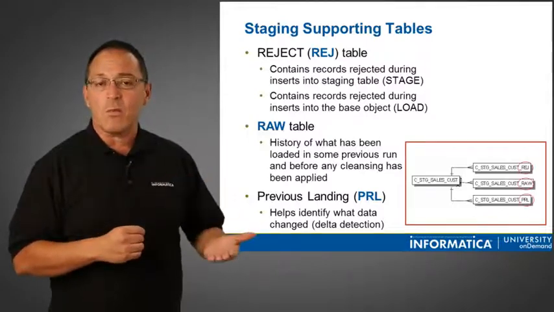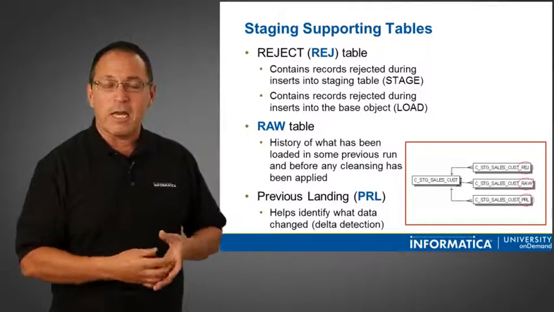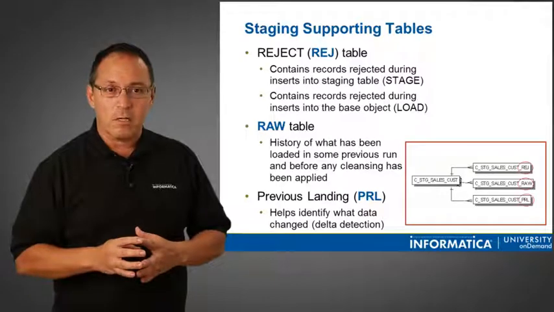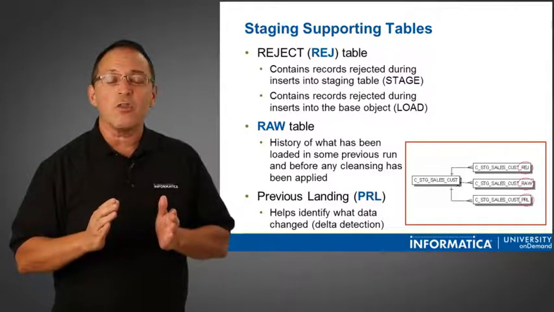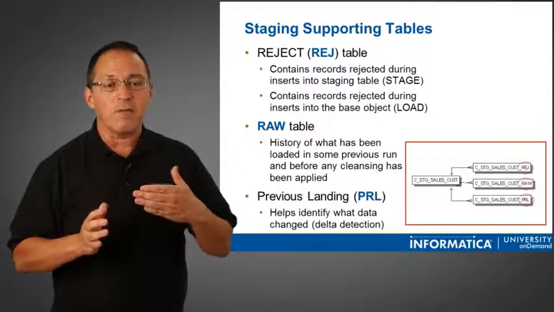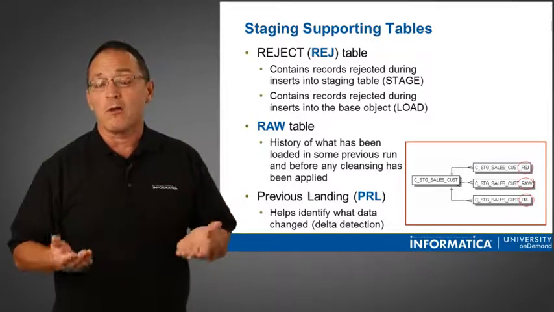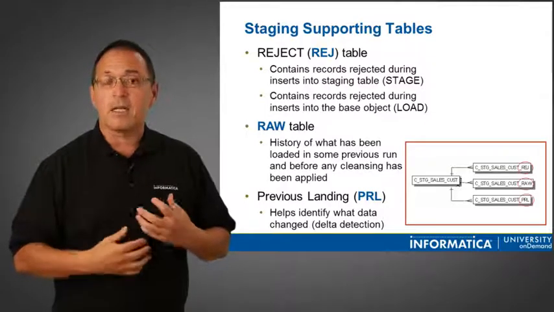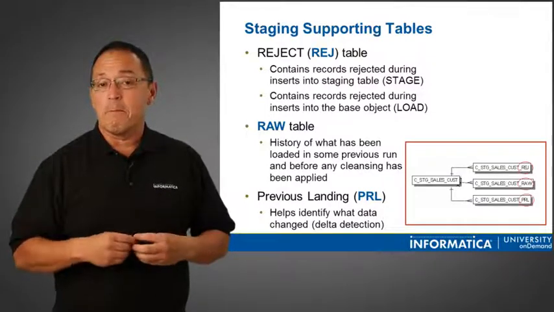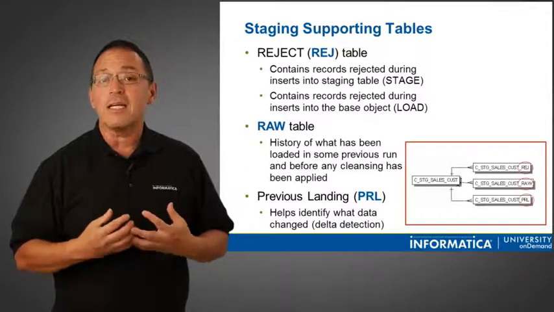So if yesterday we staged 10 records and today we have 20 records, if we have enabled delta detection, we only want the new 20 records, not the previous 10 records. Well, those records will be in the PRL. So PRL, again, consumes more resources, but it's great when you need delta detection.